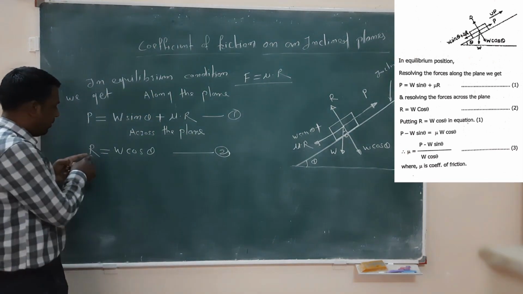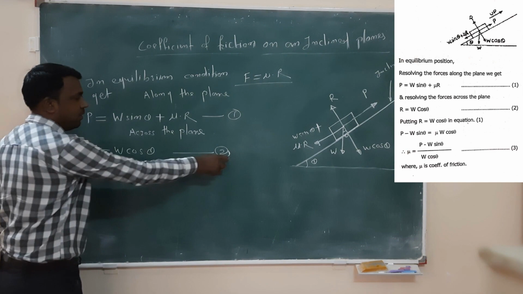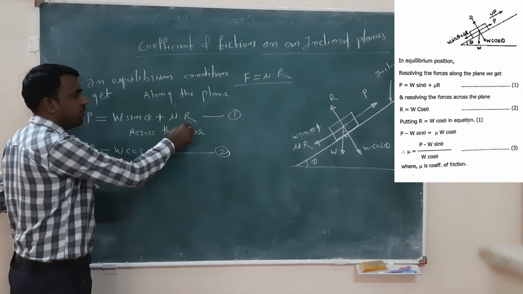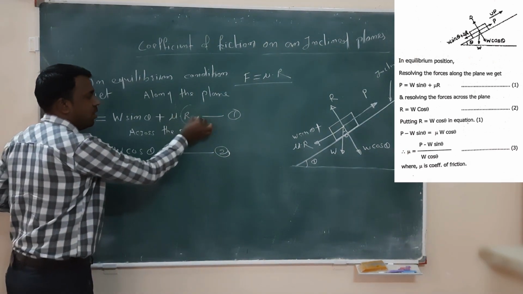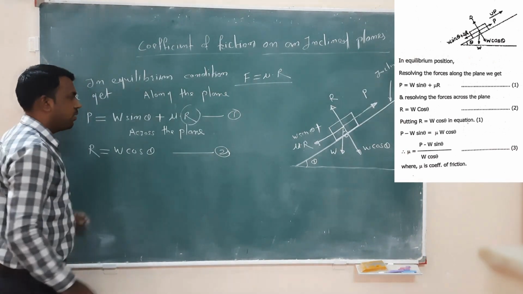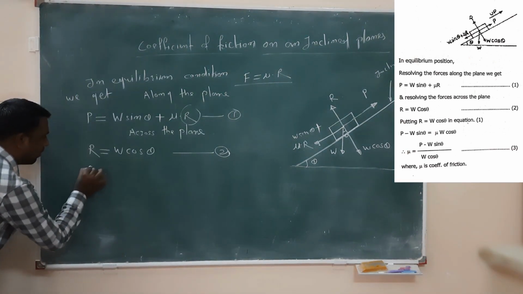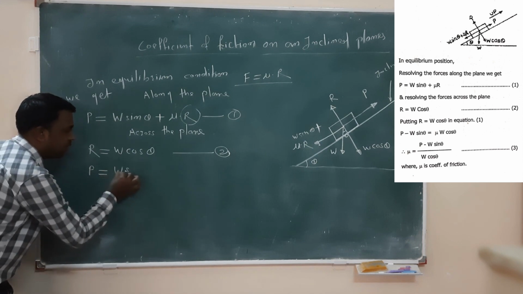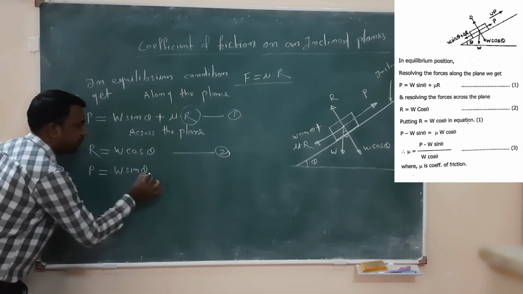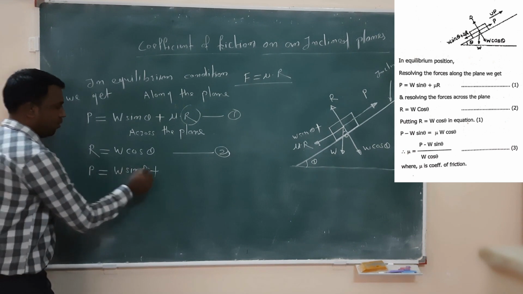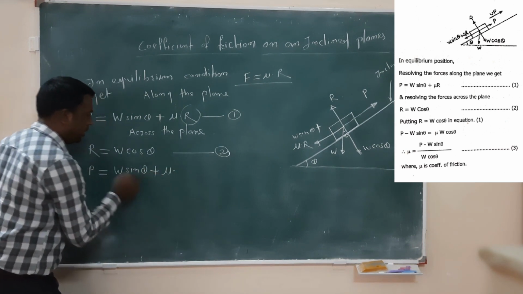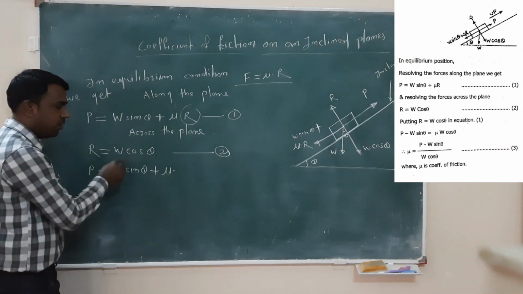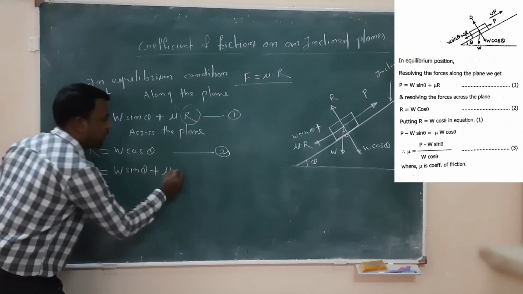Now we have to put the value of R from equation number 2 into equation number 1. So equation number 1 is P equal to W sin theta plus mu into, instead of R, we place W cos theta.